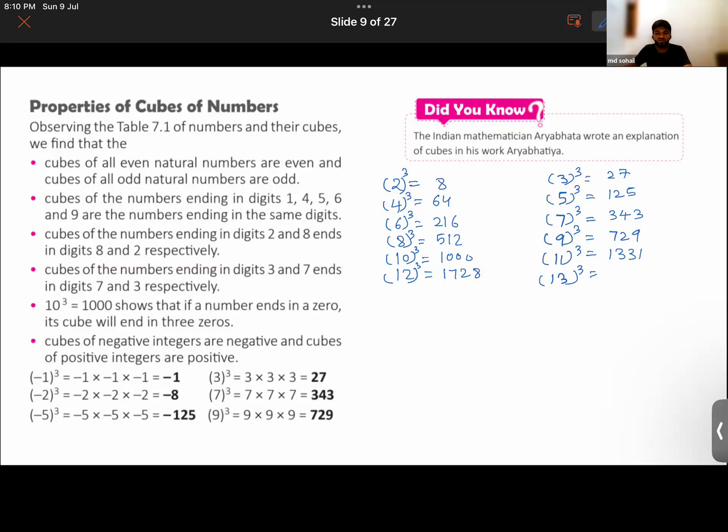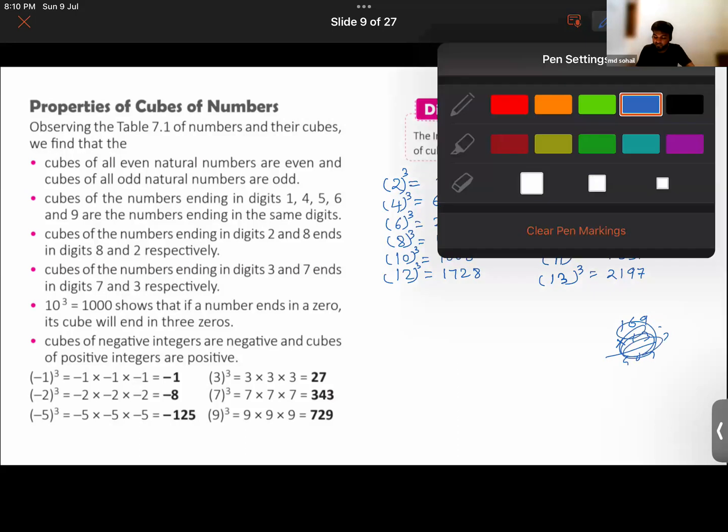And what about 13? It is 2197. Yes, that is 2197.